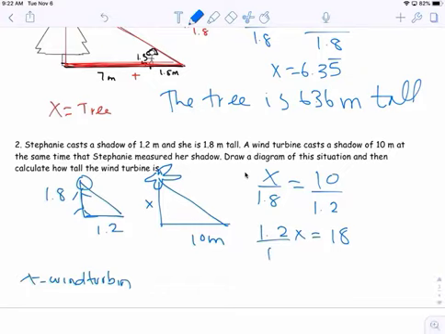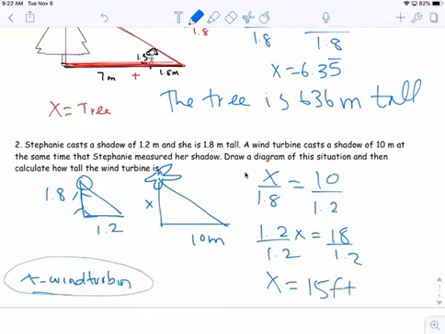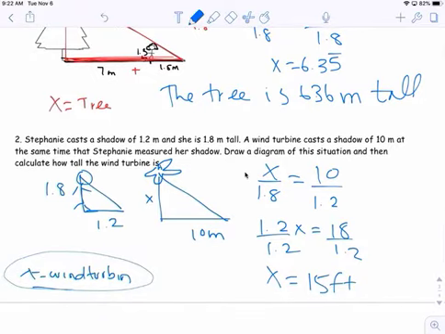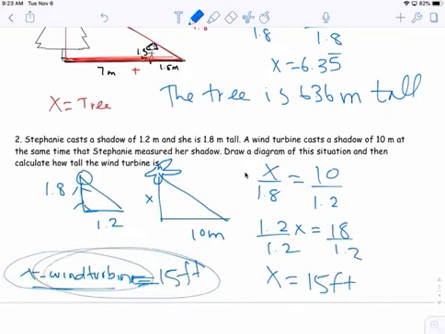Divide by 1.2. I got 15. So the wind turbine, because x represents the wind turbine, is 15 feet. Love math. That's our answer.